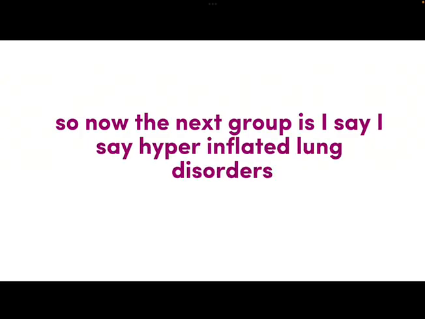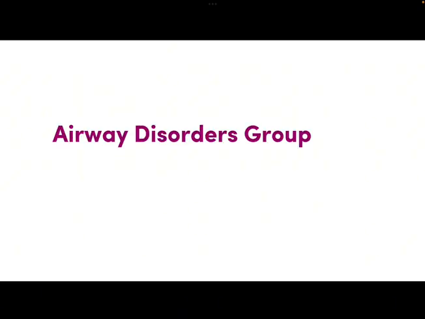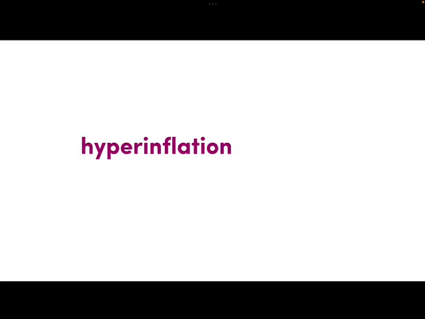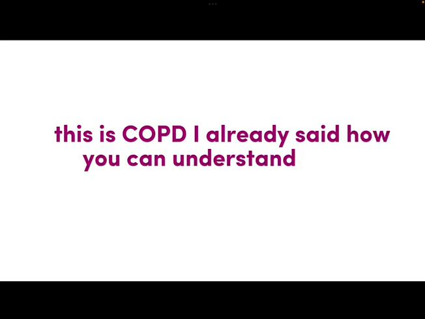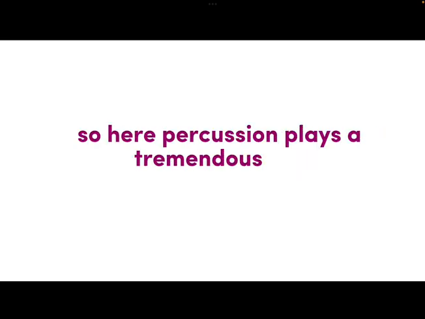Now the next group is hyperinflated lung disorders, or airway disorders, but not obstructive airway. So in the airway disorder group, one is hyperinflation of the chest. This is COPD. I already said how you can understand COPD. Here the percussion note plays a tremendous role.